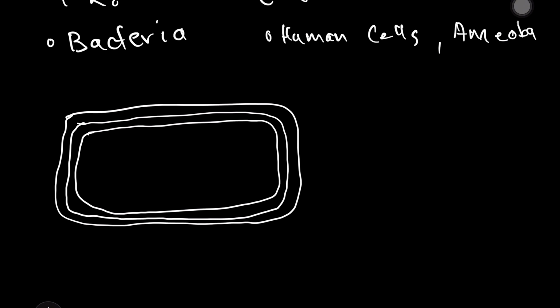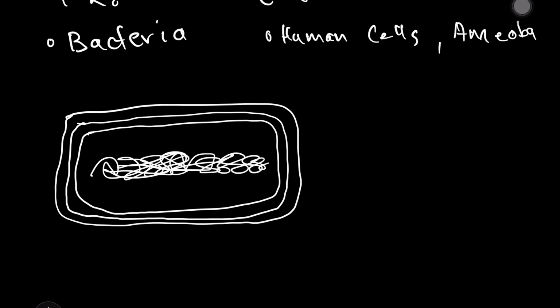Okay, so these are the three layers, and now inside we have DNA sort of shaped like this into a bundle with a protein we call histones. We have some ribosomes floating around.